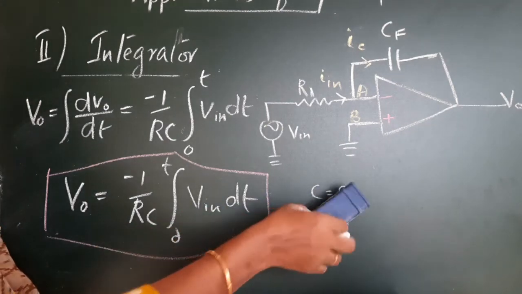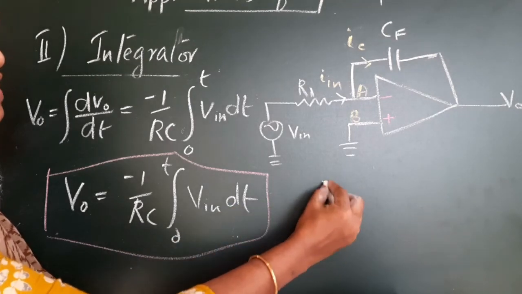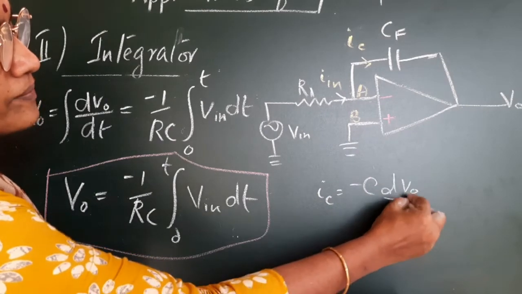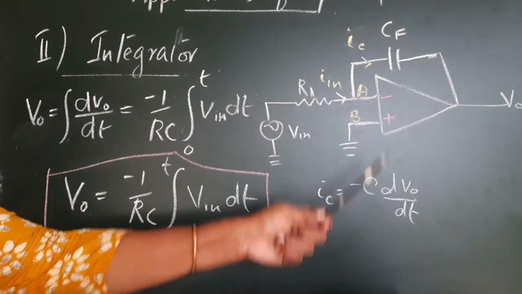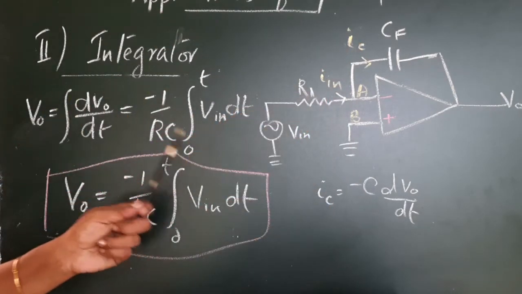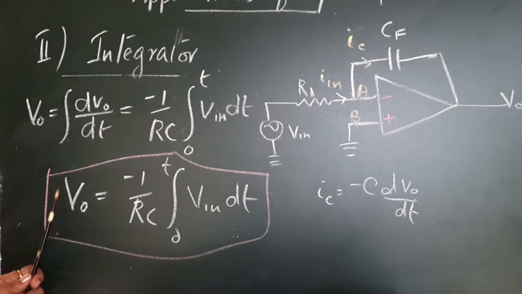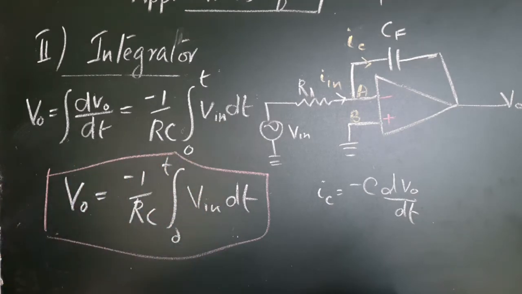Then we substituted for Q in terms of current and finally got the expression for IC as minus C dV0 by dt. So equating In equals IC, we got this expression, rearranged it and integrated it to see that the output voltage is proportional to the integral of the input voltage. So this is how an integrator works.